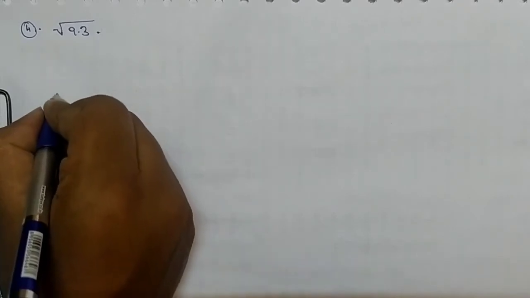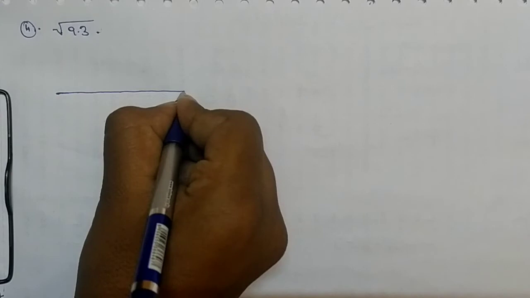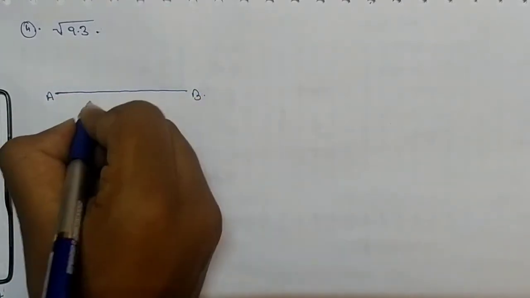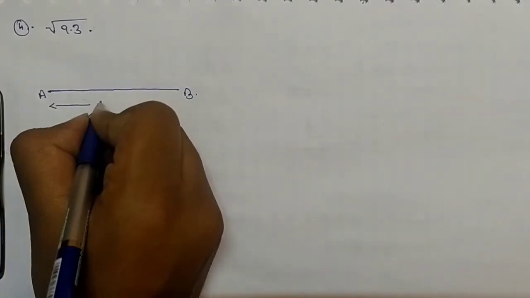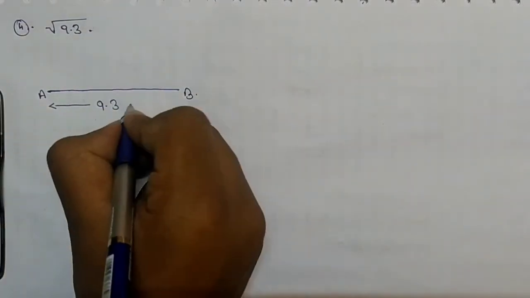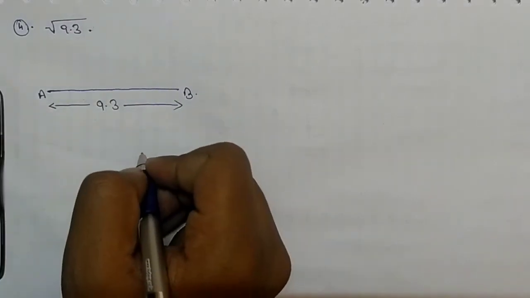If the question is root of 9.3, take a line AB whose length is 9.3.